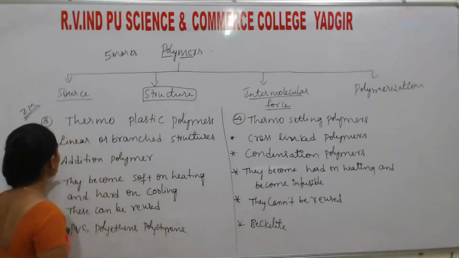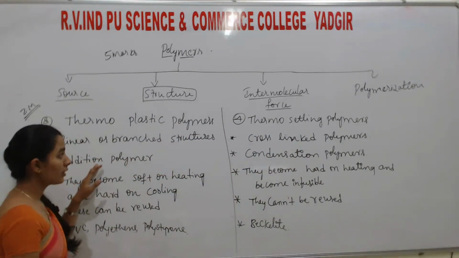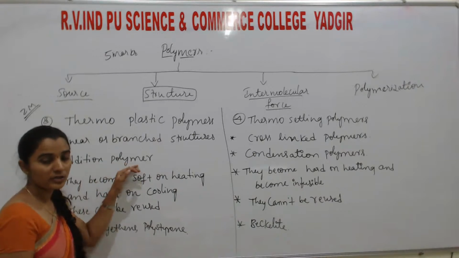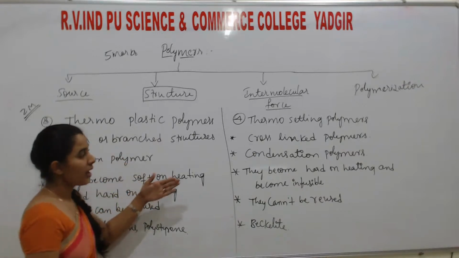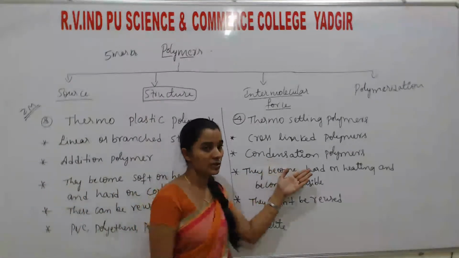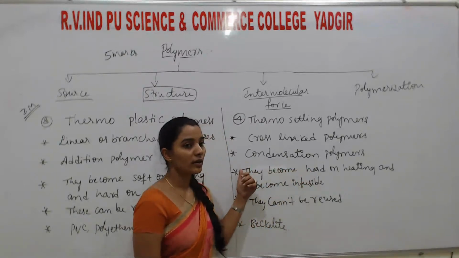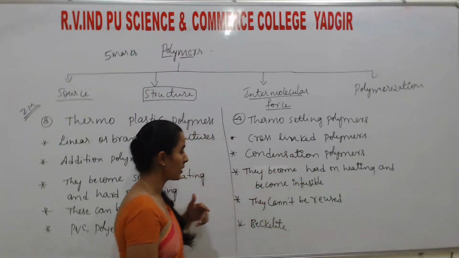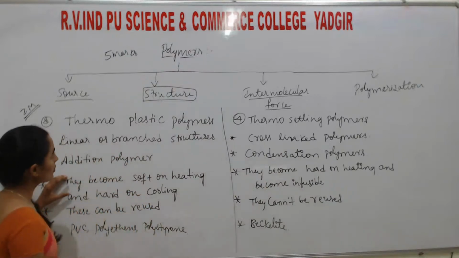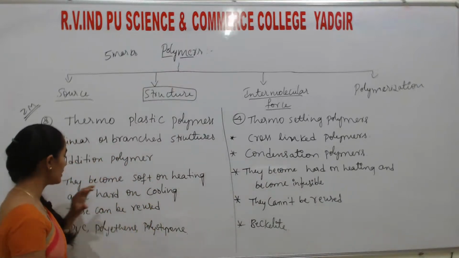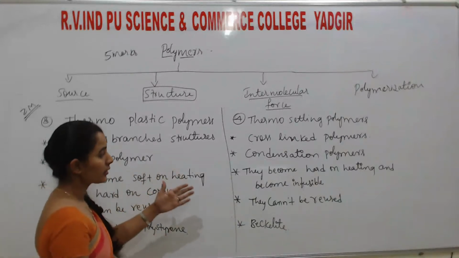Next, thermoplastics are obtained by addition polymerization, so they are called addition polymers. And thermosetting plastics are obtained by condensation polymerization, hence they are called condensation polymers. Next, thermoplastics become soft on heating and hard on cooling.